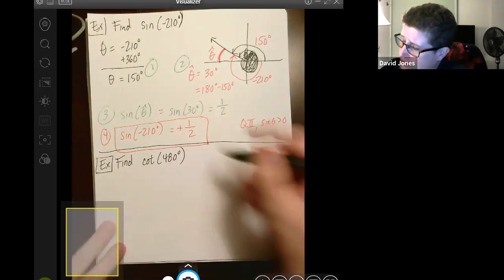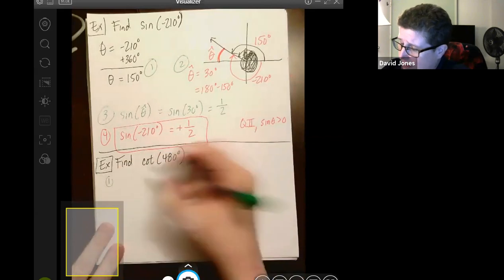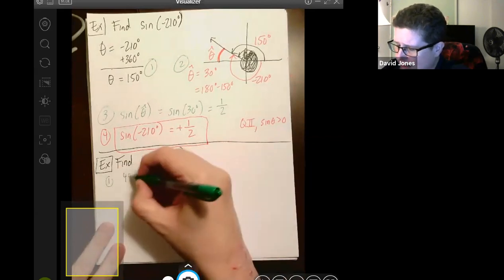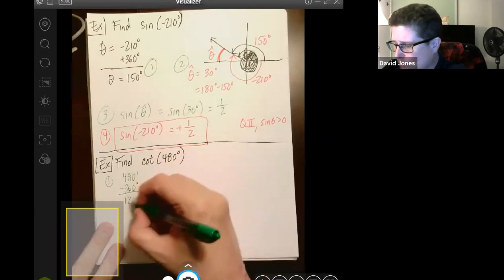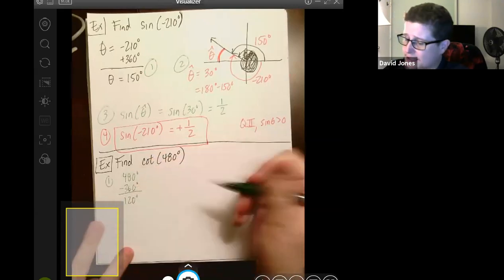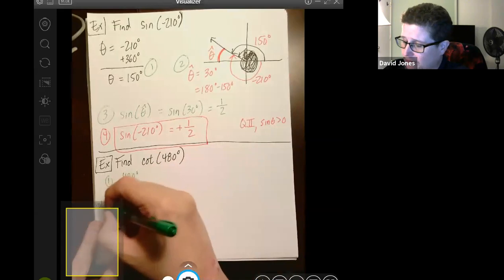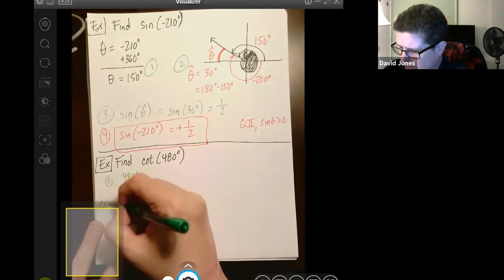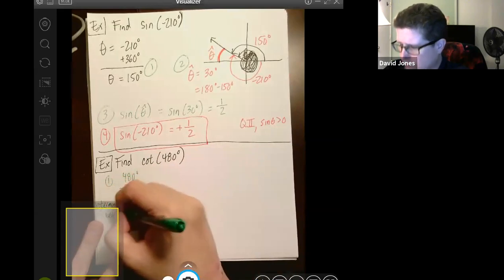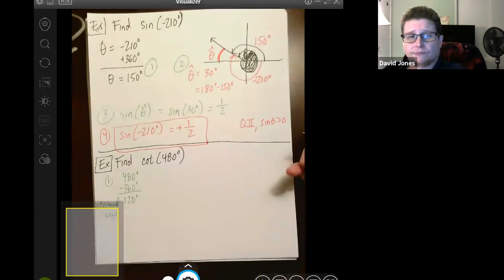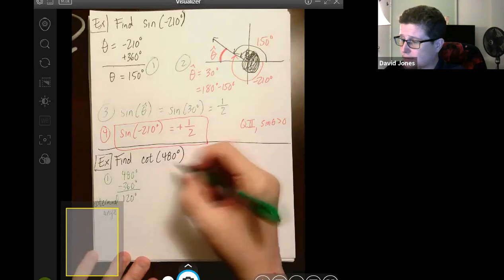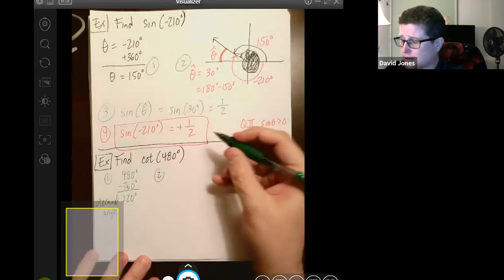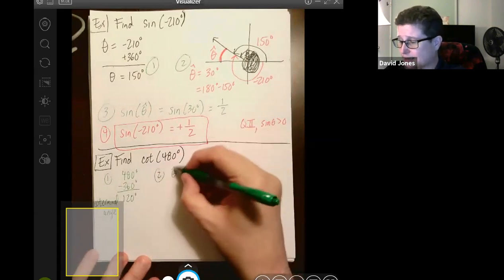Step 1. We don't like 480, it's too high. 480 minus 360 is 120. This is our coterminal angle. Step 2. What's theta hat?